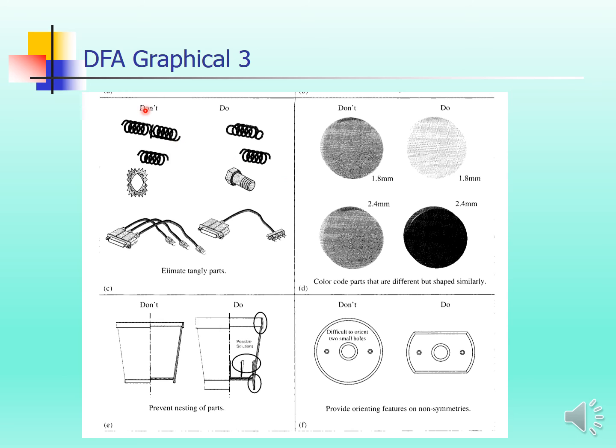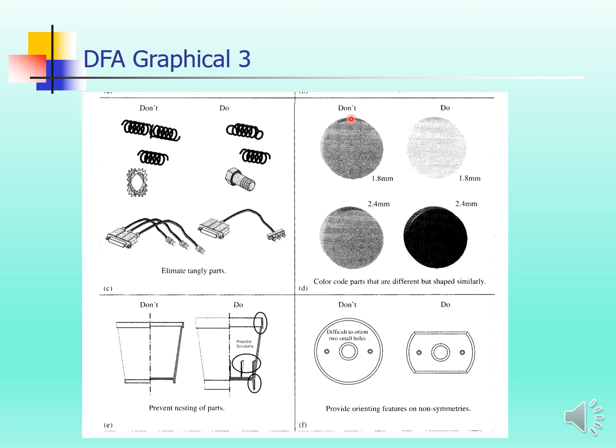Also, do not use a double spring in one part and a single spring in another, or different types of cable. Make sure you design one input and one output.